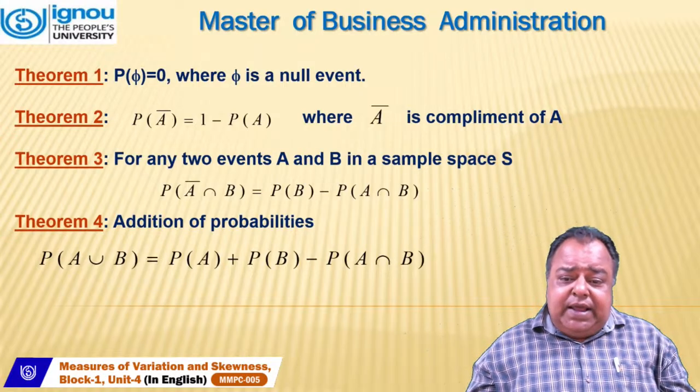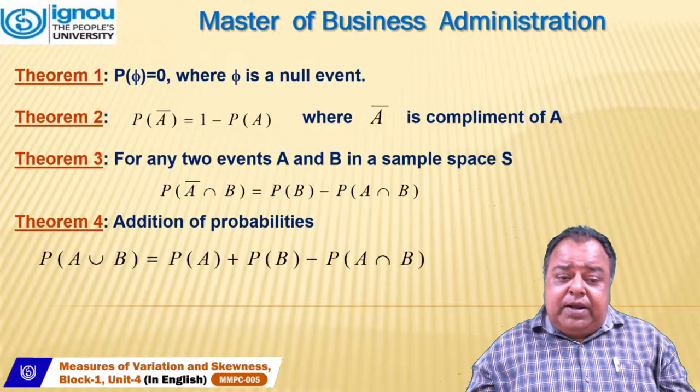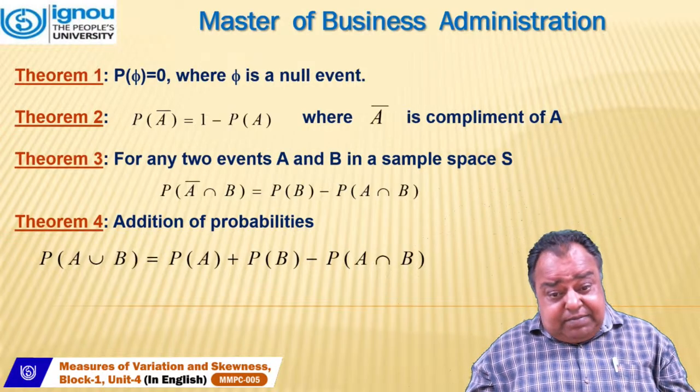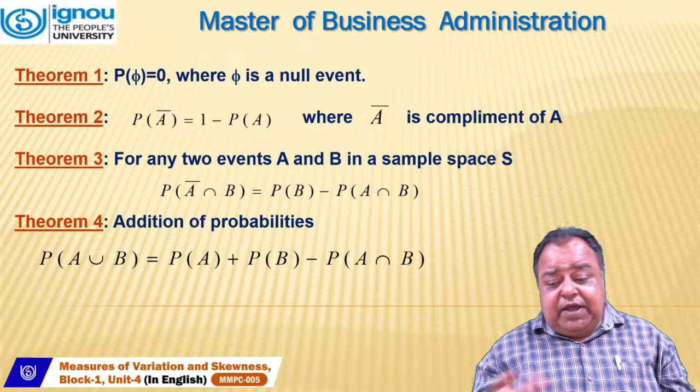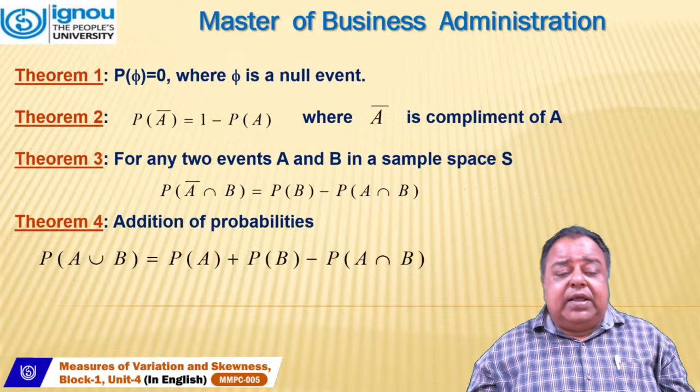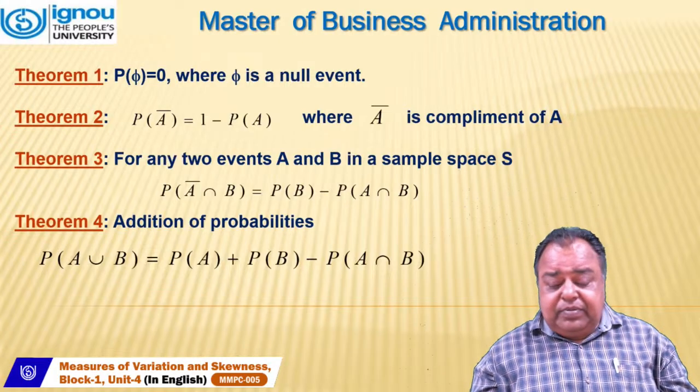For any two events A and B in the sample space, P(A complement intersection B) is equal to P(B) minus P(A intersection B). For the addition of probabilities, if we have two events A and B, then P(A union B) will be equal to P(A) plus P(B) minus P(A intersection B).